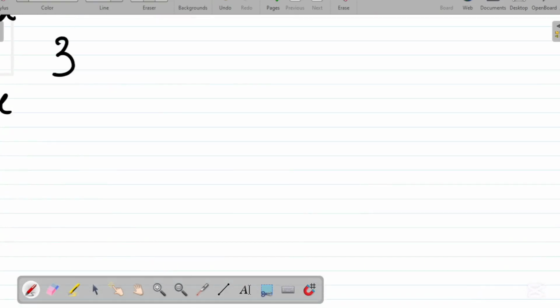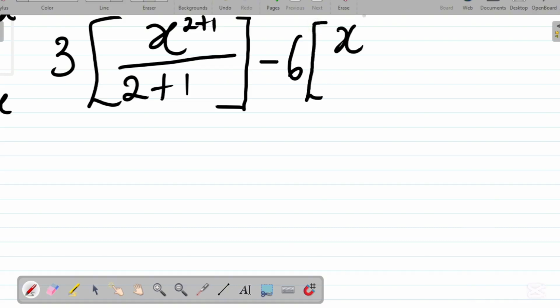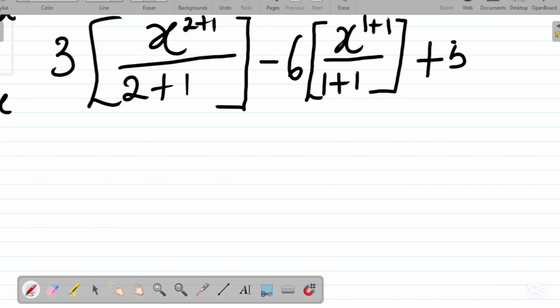So if you integrate, you would have 3 open bracket x raised to power 2 plus 1 all over 2 plus 1, minus 6 open bracket x raised to power 1 plus 1 all over 1 plus 1, and then plus 5 multiplied by x.